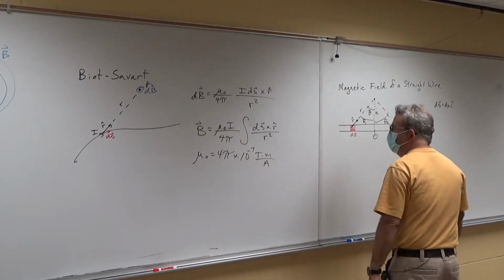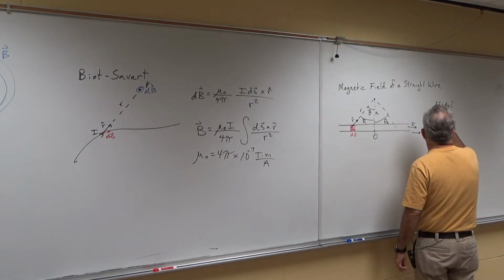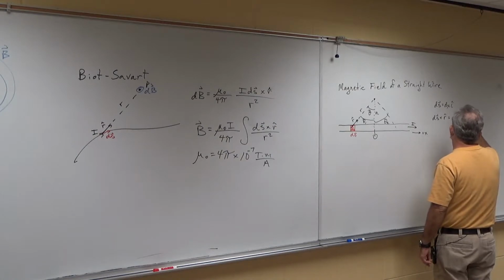Okay. ds cross r hat is equal to dx i hat cross r hat.